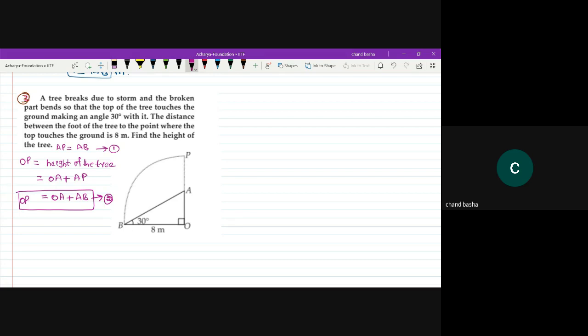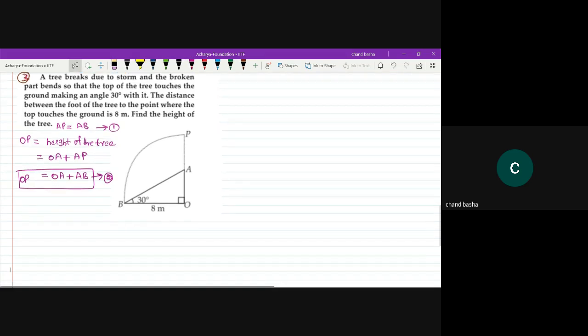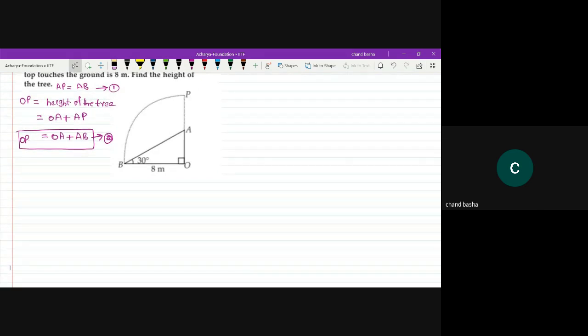So which trigonometric ratios are we going to use? I require OA and AB. OA is the requirement, AB is also a requirement. So to get OA, can we use tan theta?